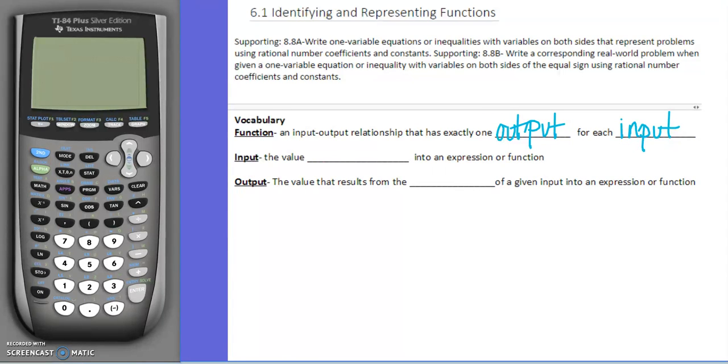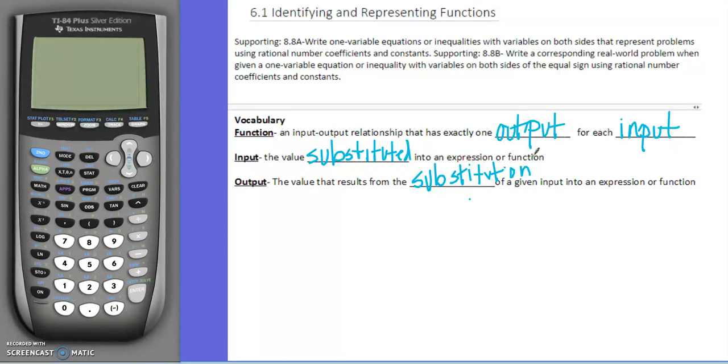Input is the value substituted into an expression or function. Output, the value that results from the substitution of a given input into an expression or function.